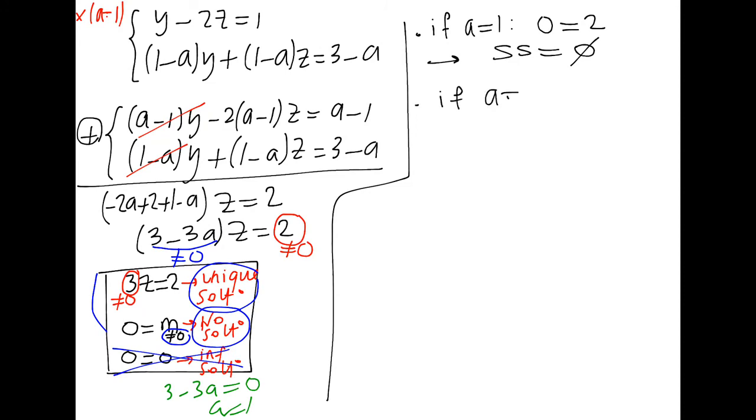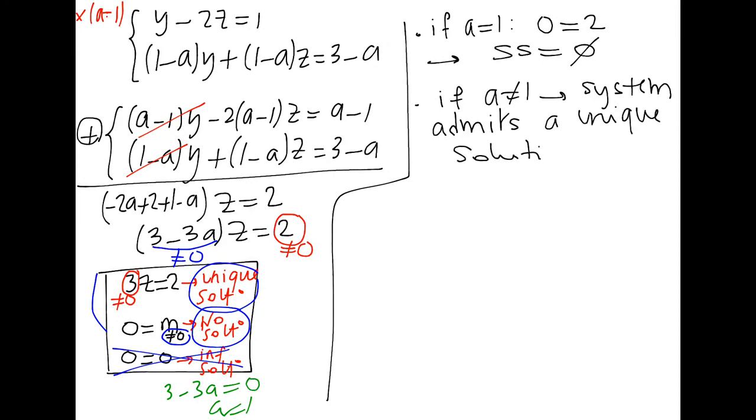Now, if a is different than 1, in this case, the system would admit a unique solution, which our equation would basically give us z equals to 2 over 3 into 1 minus a.